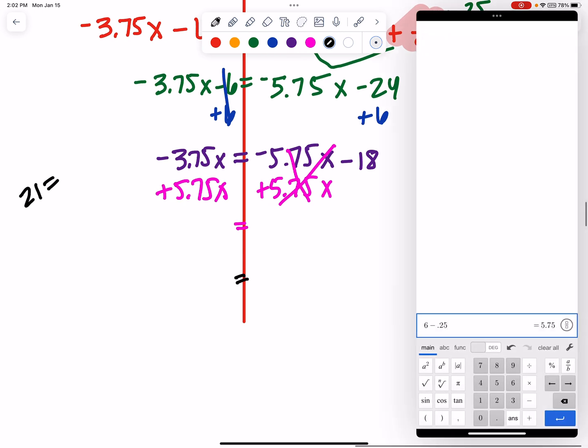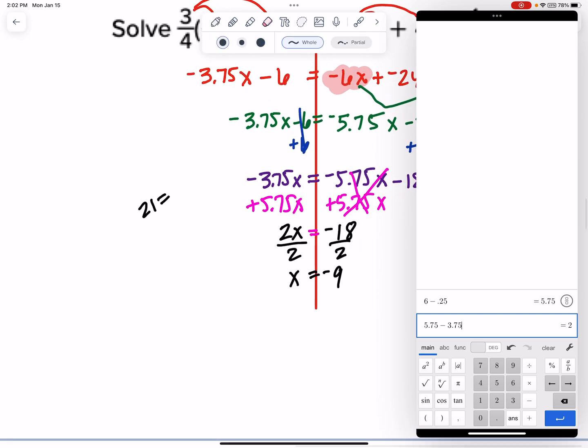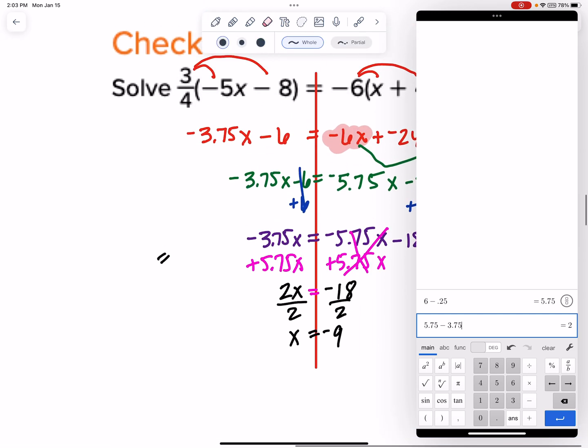And I am going to definitely do this on the calculator just to be safe. 5.75 minus 3.75. So we have 2x on this side and a -18 on this side. Divide by 2, divided by 2, and we have x equals -9. Okay? All right, so let's go ahead and test this out now.